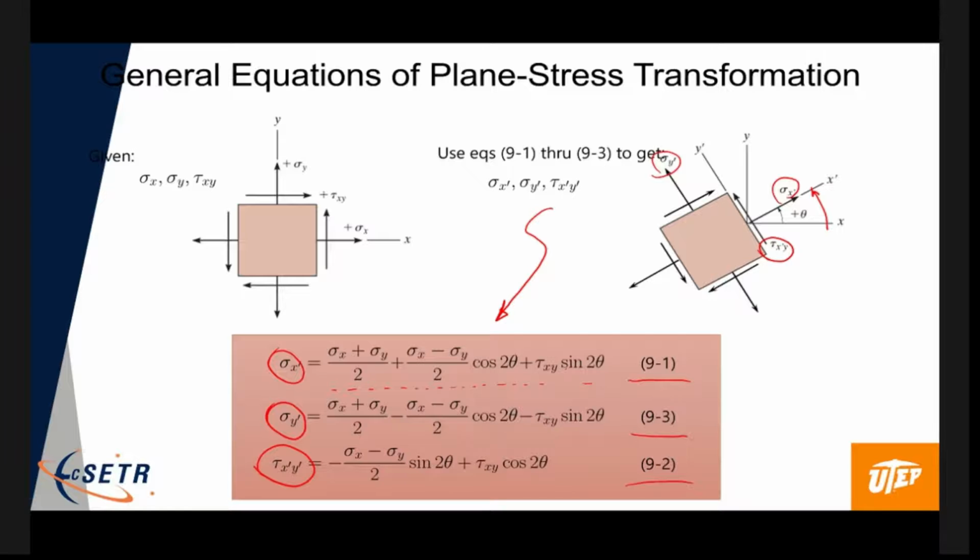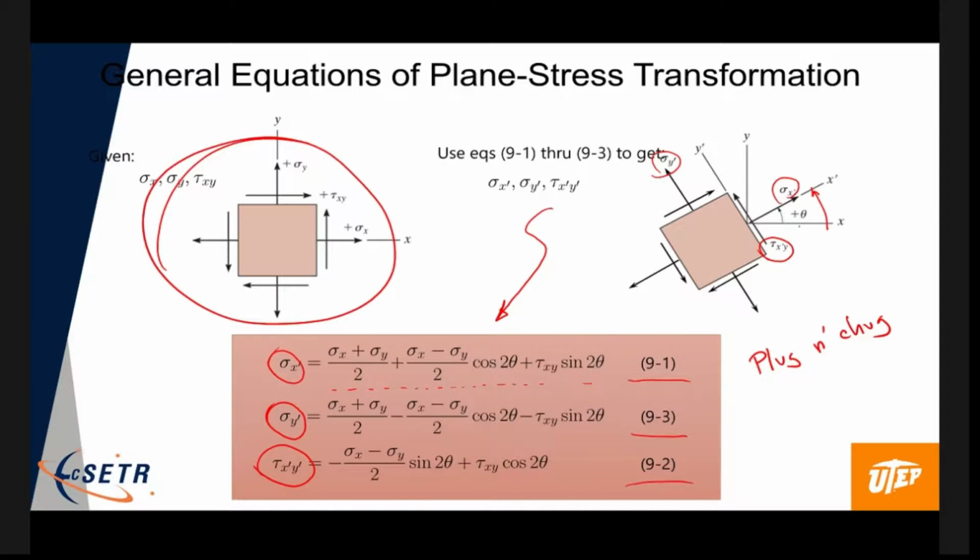So you can just do straight up plug and chug here, okay? You know these values, you know theta, stick them into here, and you immediately get the stress components in the rotated coordinate system, okay?